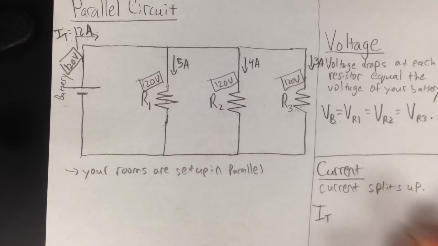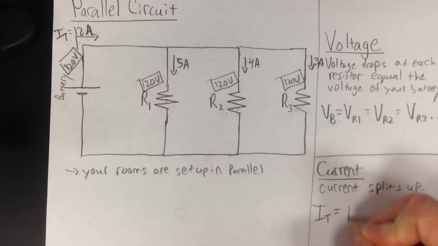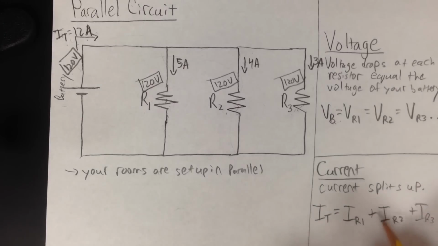So IT, that's the current through the battery. Total current equals the current through R1 plus the current through R2 plus the current through R3, dot, dot, dot. If there was a fourth resistor, that would be added in as well to the total.